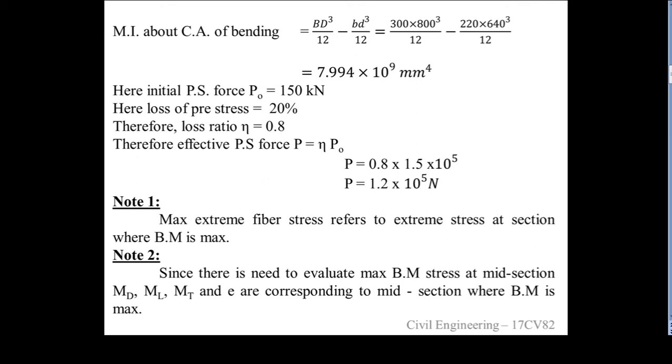Then note number 2, there is a need to evaluate maximum bending moment stress at mid section: MD, that is moment due to dead load, moment due to live load, that is total moment MT, and e are corresponding to the mid section where bending moment is maximum.